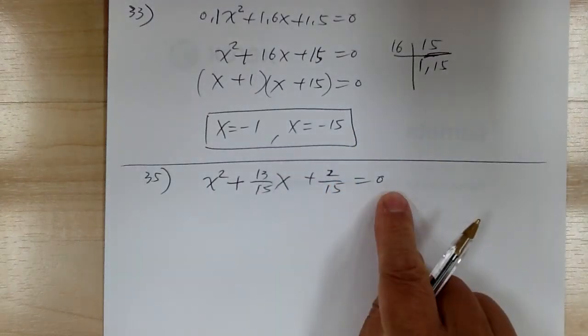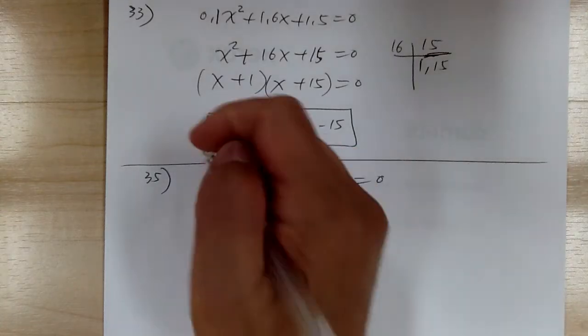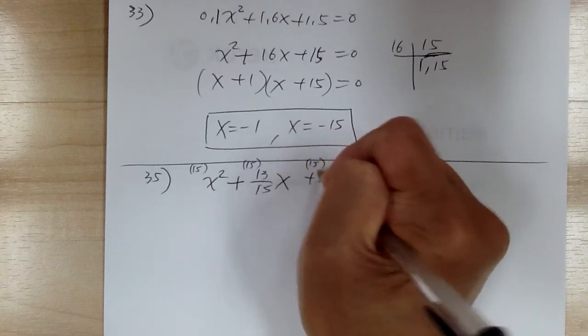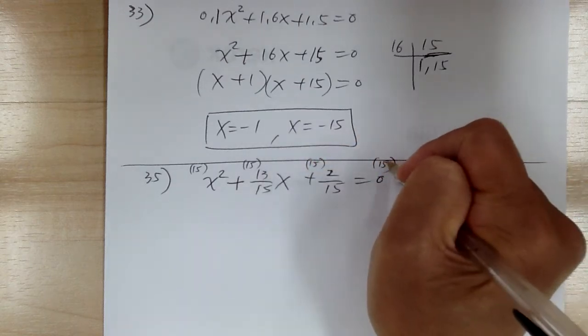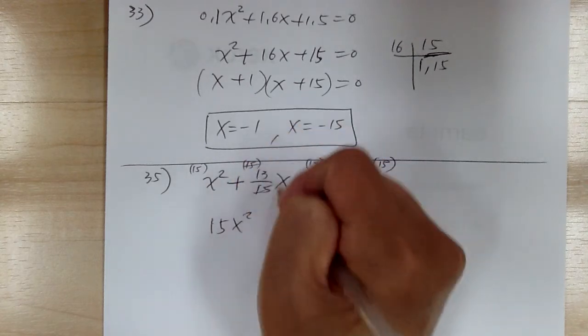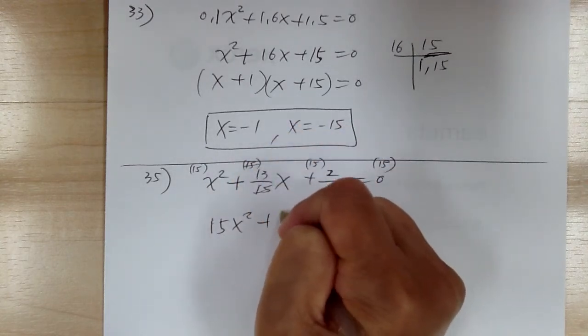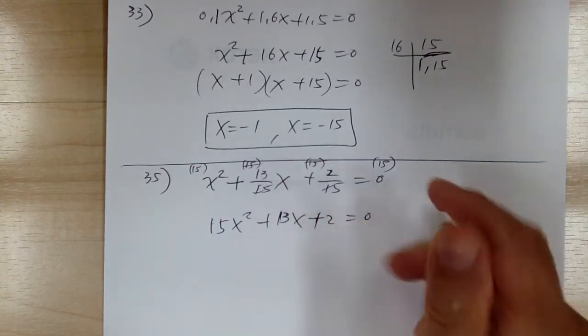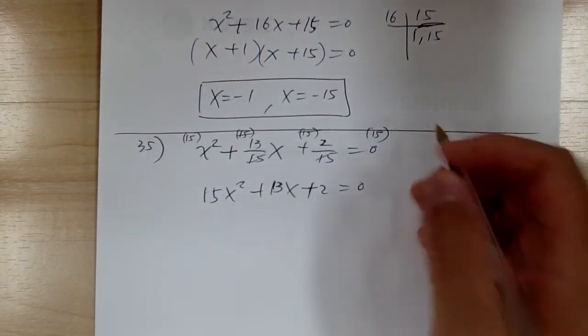So again, this is an equation, so you can multiply by the common denominator, so multiply by 15 on each term. So you get 15 x squared, this cancels out, so plus 13x, this cancels out, so plus 2 equal to 0. And now this is equal to 0, so you can do the factoring.